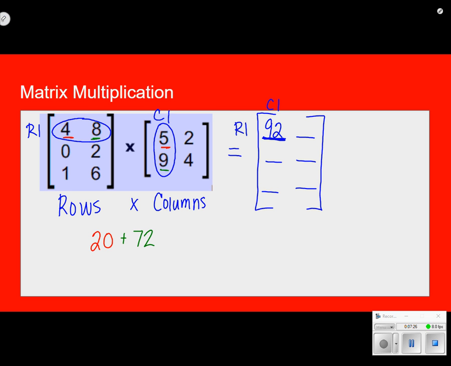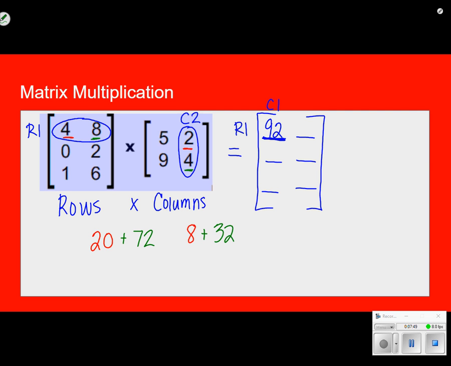So that is my first entry. All right. Now, you can do this a couple of different ways. I usually stick with row 1, and now I look at column 2. So then I have to multiply 4 times 2. 4 times 2 is 8. And then I'm going to add to that 8 times 4, which is 32.